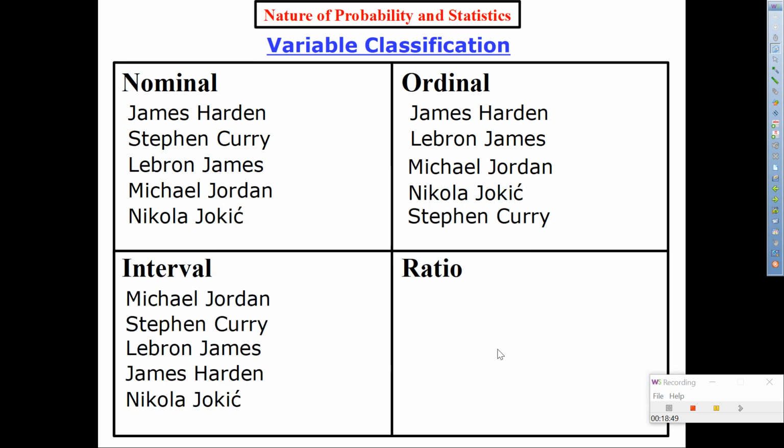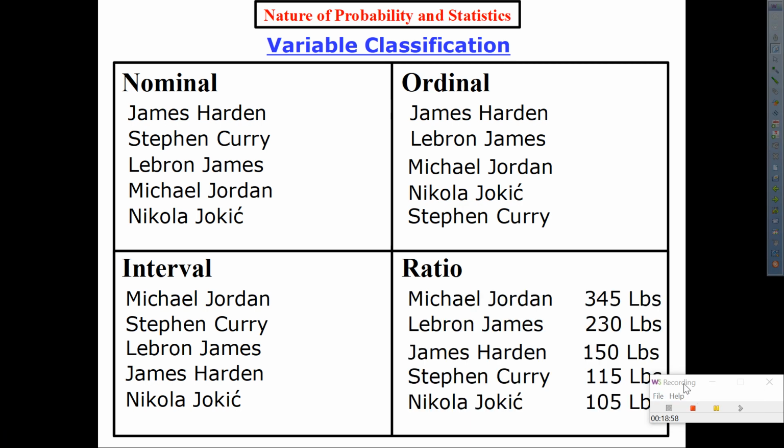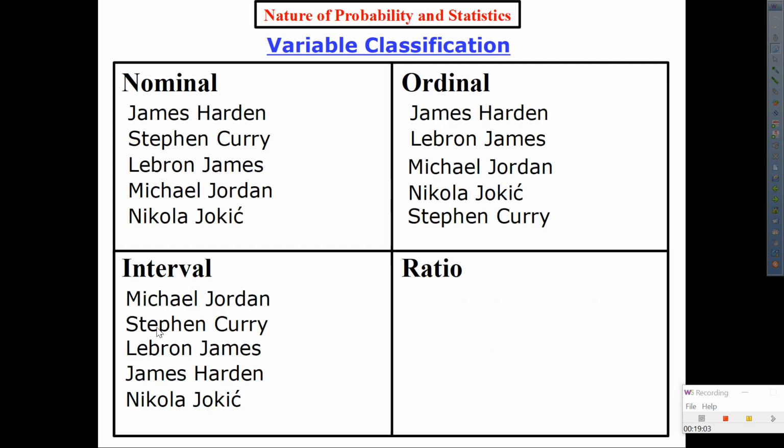Interval. We have Michael Jordan. Then Stephen Curry, LeBron James, James Harden, Nikola Jokic.